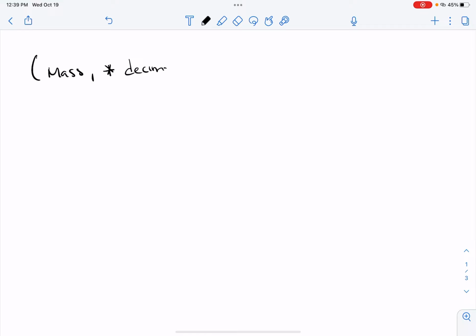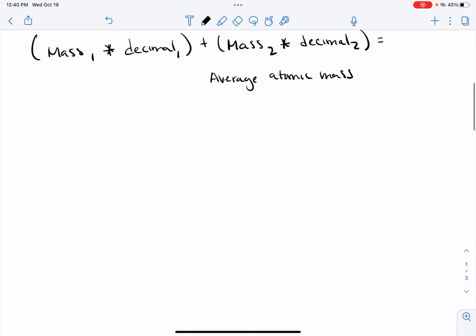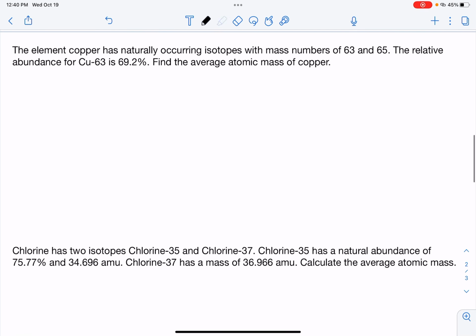So I'm going to write this as decimal 1, and I'll explain what that means in a second, plus the mass of your second isotope times its percent abundance in decimal form. So I'm going to write that as decimal 2. And that's going to give us our average atomic mass. Okay? So let's take a look at some examples that'll help us out here.